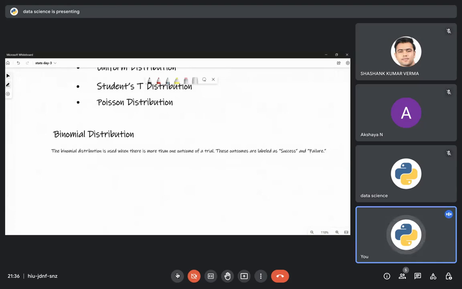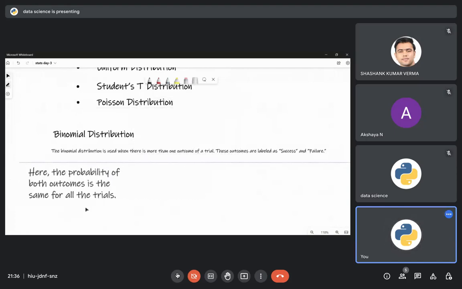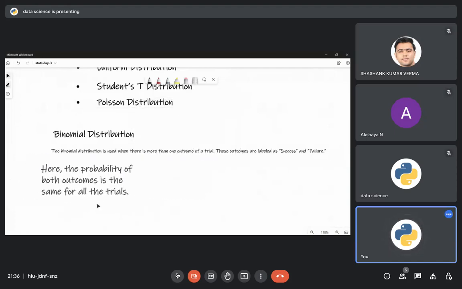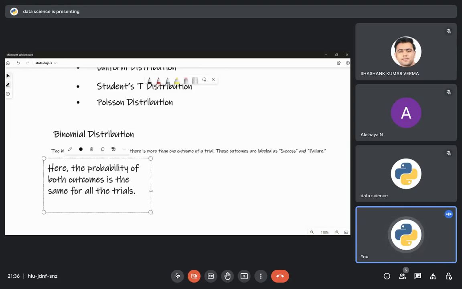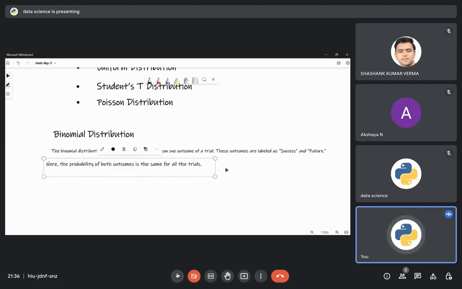Here the probability across all the trials is the same. That's the first point you should keep in your mind, one of the keynotes we should consider before applying the binomial distribution.